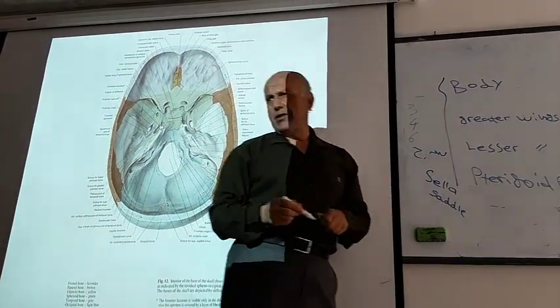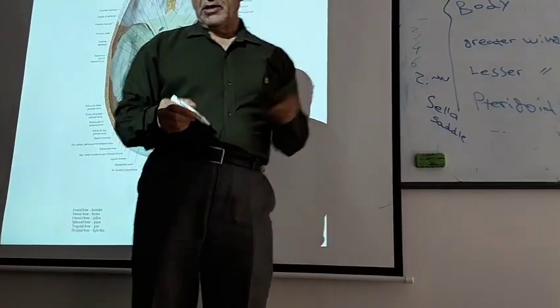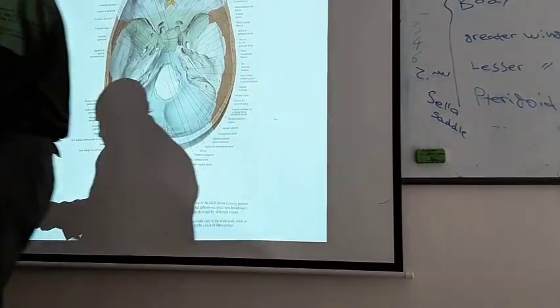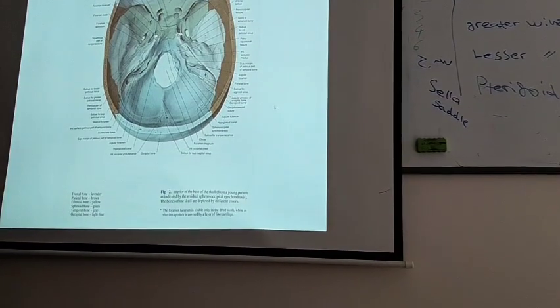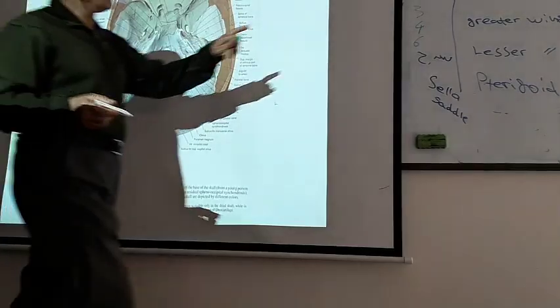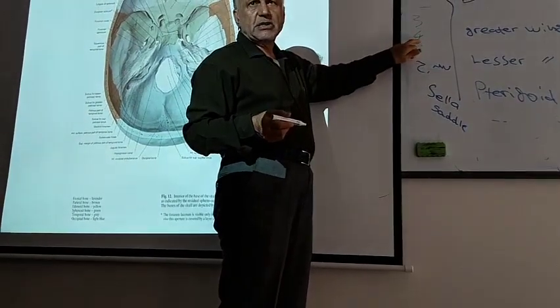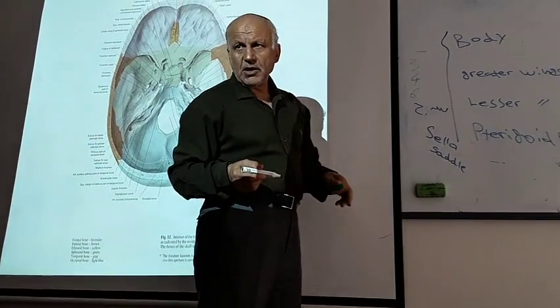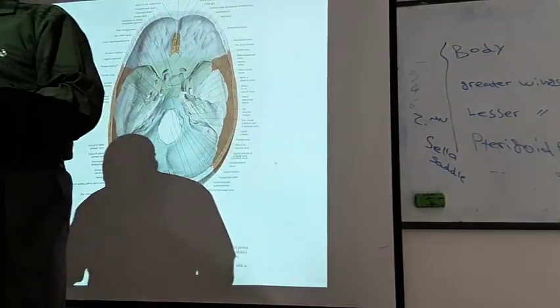There are 3 pairs of the cranial nerves that pass from here. These 3 nerves come to the orbit for innervation of the muscles of the eyeball. The name of the 3rd is the oculomotor nerve, the 4th is the trochlear nerve, the 6th is the abducent nerve. These 3 pass through the superior orbital fissure.